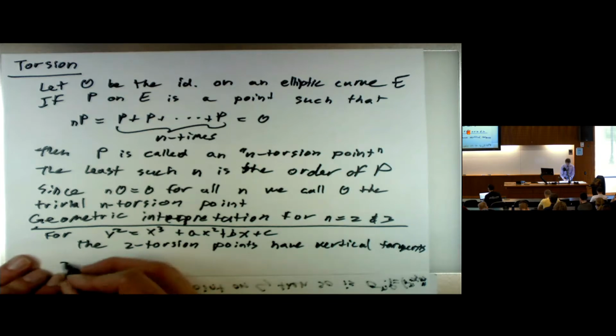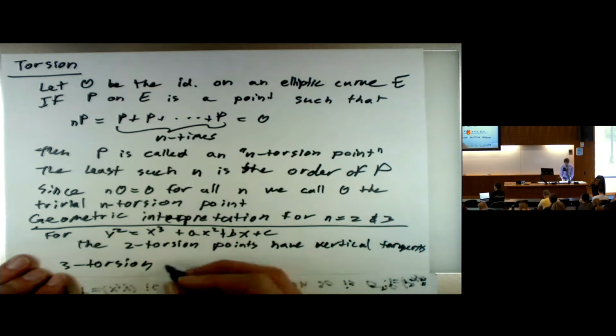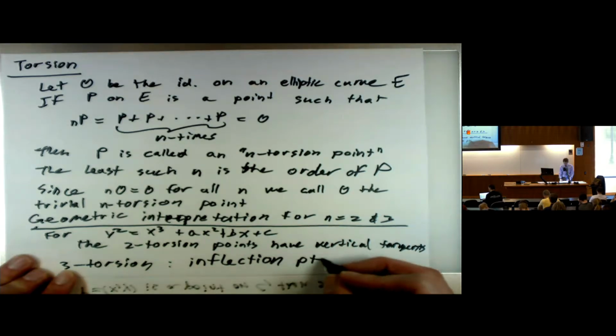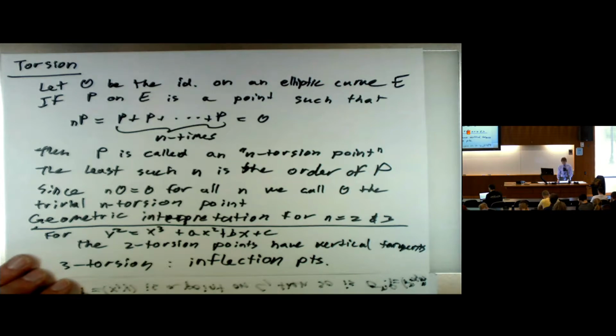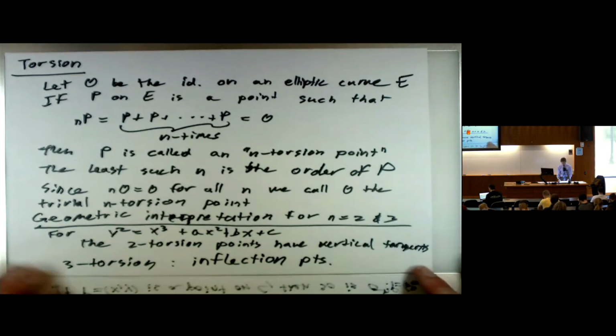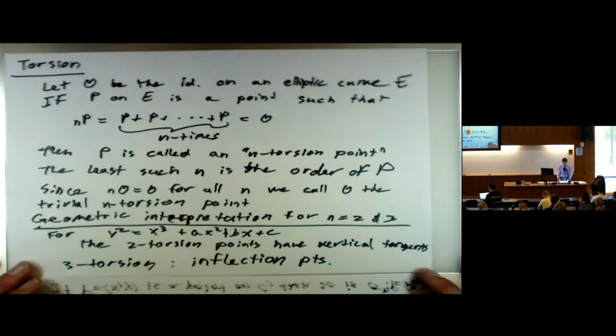So for 3 torsion, you have basically an inflection point, a line intersecting triply with the curve. And that can be stated generally without this polynomial. I already discussed in the last lecture that the point at infinity is a triple point on the curve, that the line at infinity intersects it triply there. It's an inflection point.